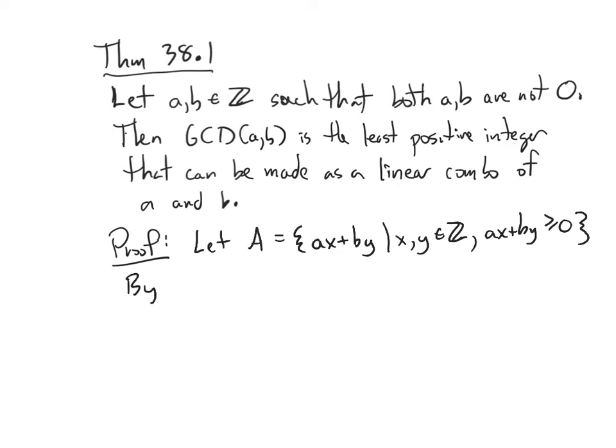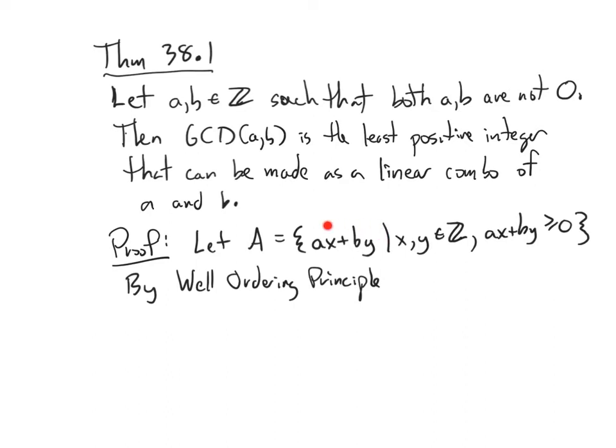Then, by the well-ordering principle, remember the well-ordering principle says that if you take any subset of the natural numbers, you are going to get something that has a least element. So A is a subset of the natural numbers.